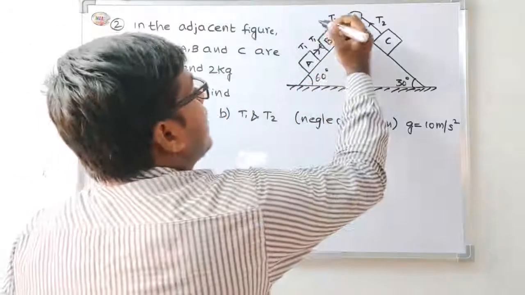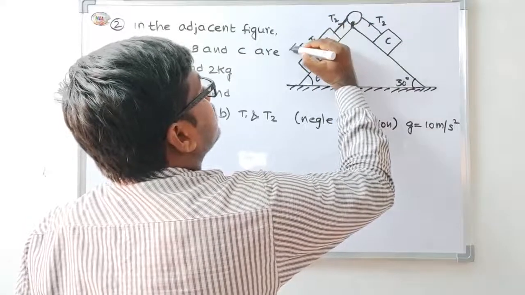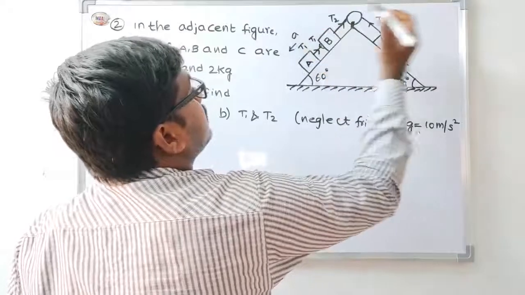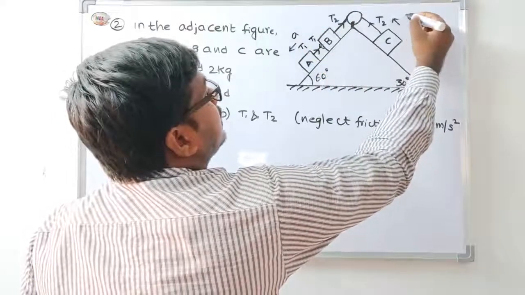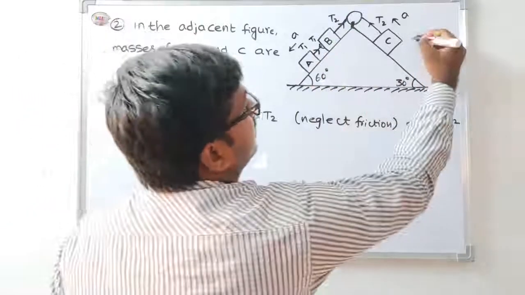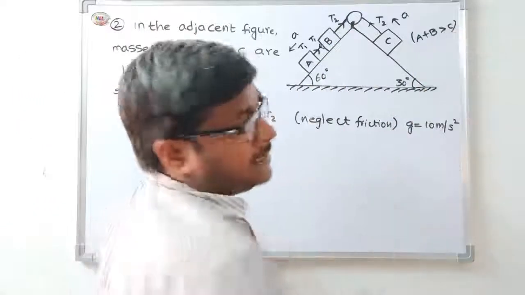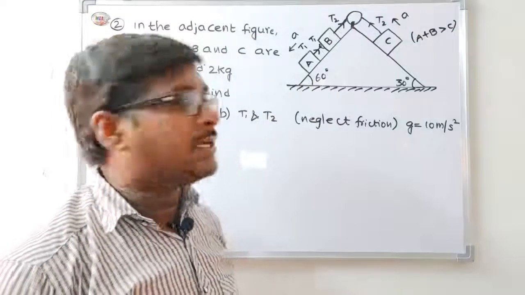The acceleration is acting in the downward direction, because A plus B is greater than C.